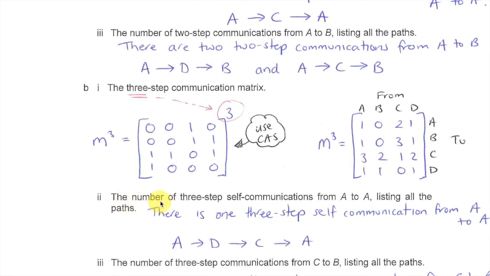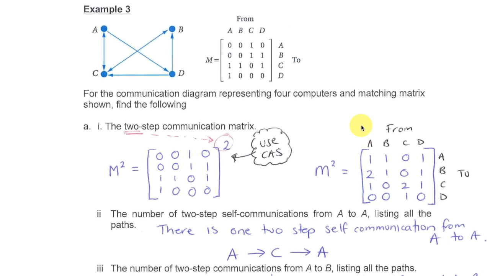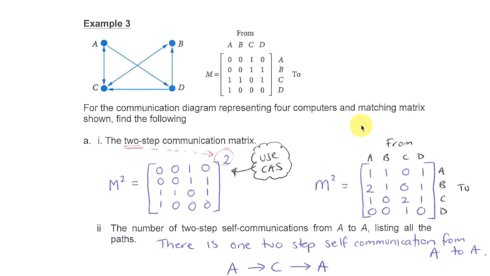We're interested in the number of three-step self-communications from A to A, listing all of the paths. From A to A, you can see there's only one three-step path. If we go back to our communication diagram, let's look at what that is.